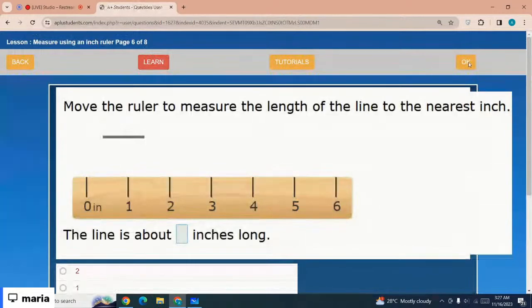Move the ruler to measure the length of the line to the nearest inch. The line is about how many inches long?